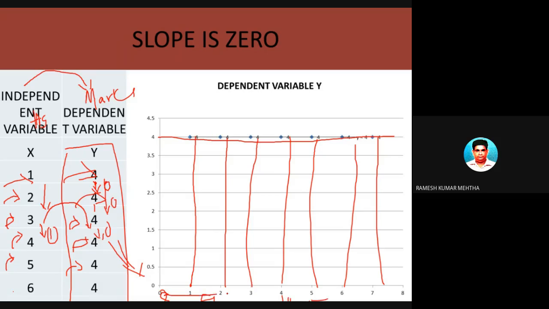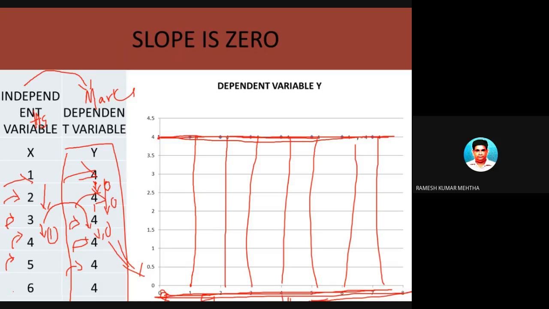When there is an increase in the number of hours from 1 to 2, 2 to 3, 3 to 4, so on and so forth, what has happened to marks? Marks have remained constant. There is no change. Marks is 4.